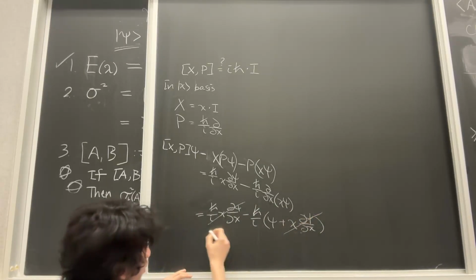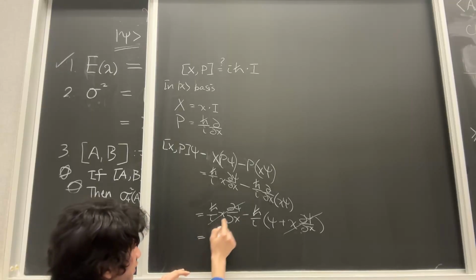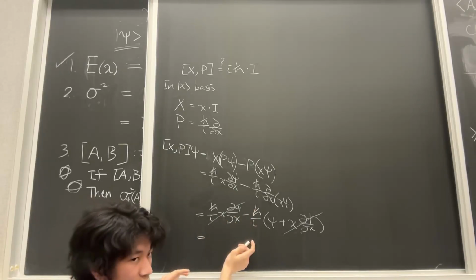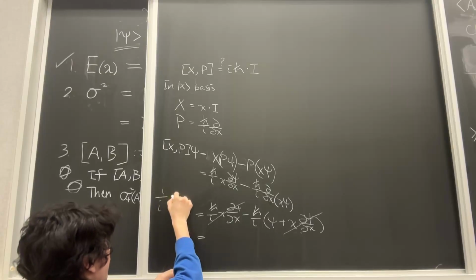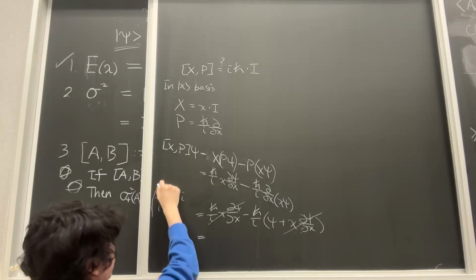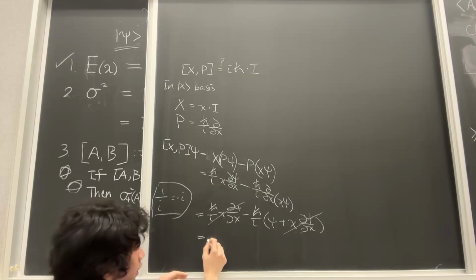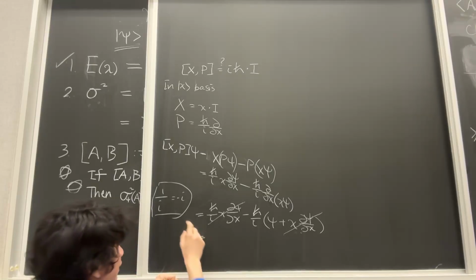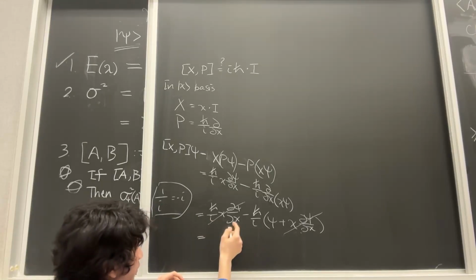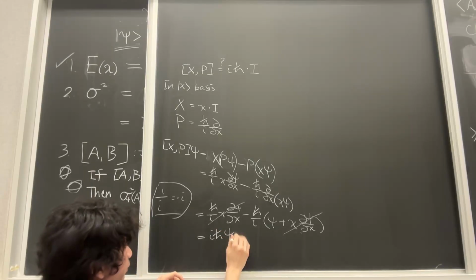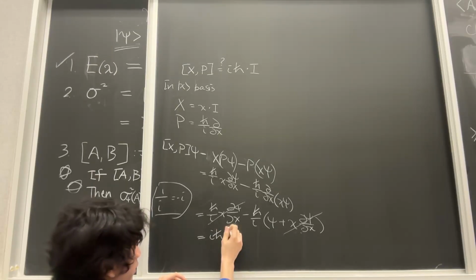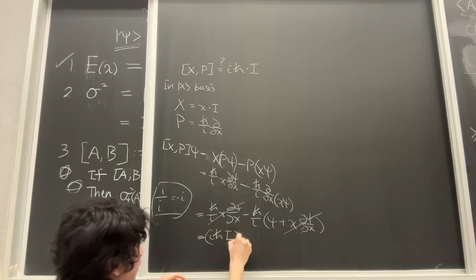Right? What you're left with is minus h bar over i. And then i has this very funny thing: 1 over i equals negative i. You can check this. So you get i h bar psi, which is basically i h bar times the identity acting on psi.